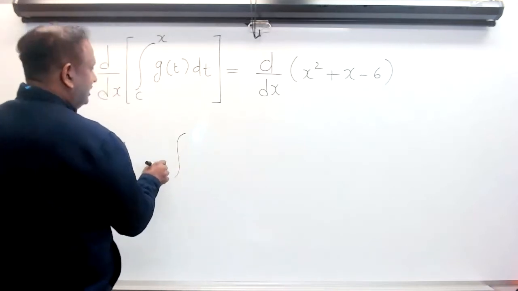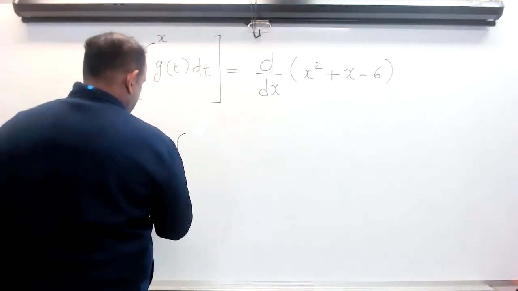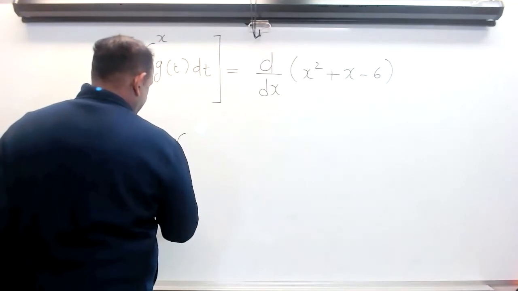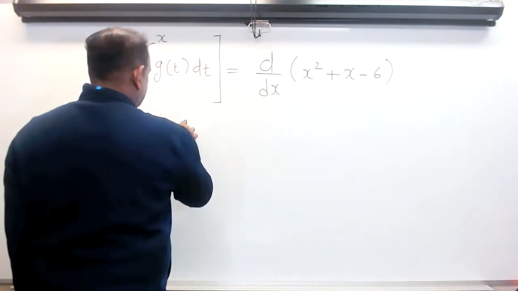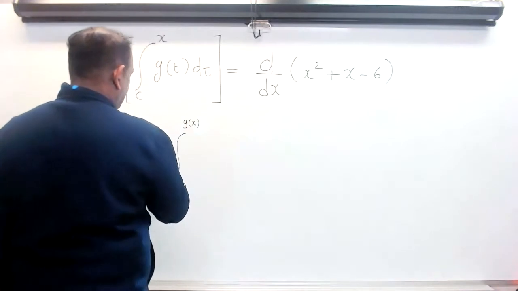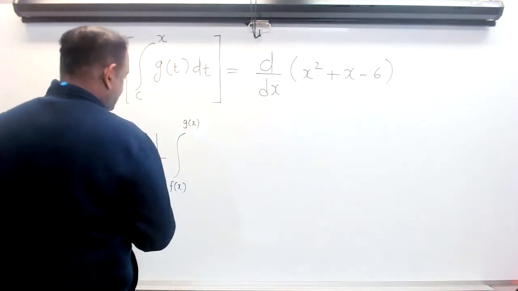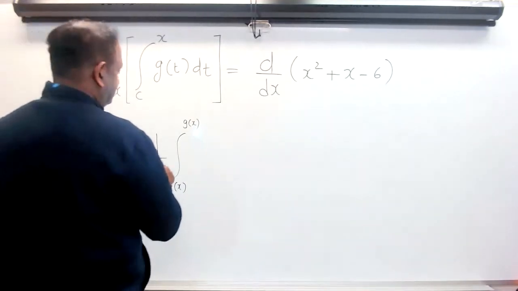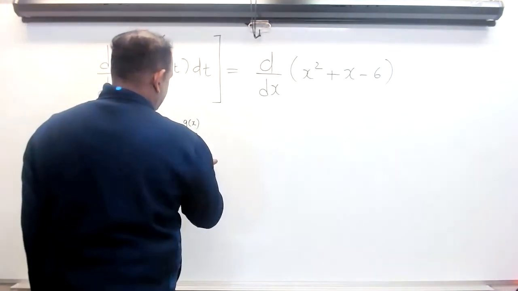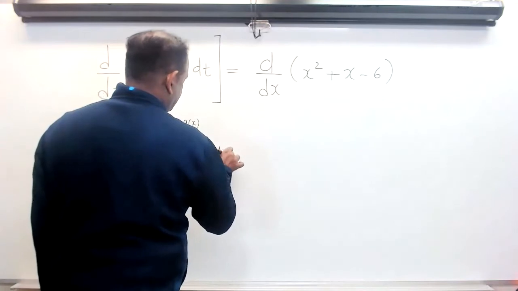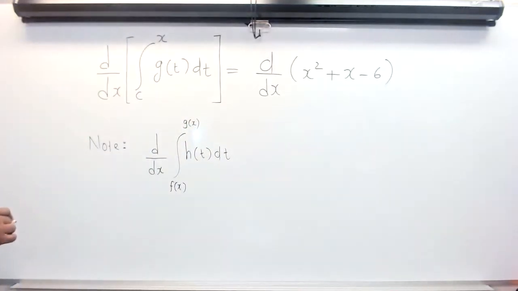Let's say you have f of x here and g of x here. You take the derivative with respect to x of h(t) dt here.